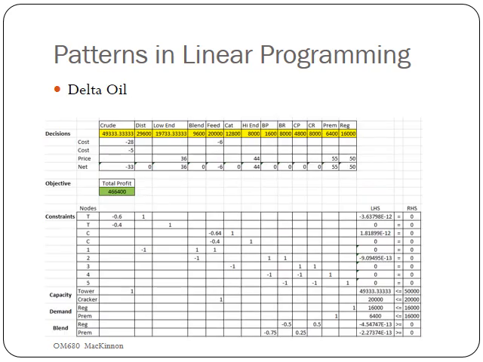Now, Delta Oil. This was a big one, and it was complicated. But again, if you work through it, it will make sense, and go through it a number of times if you need to. We've got a number of non-zero decision variables. In fact, all of them. We have a number of binding constraints.